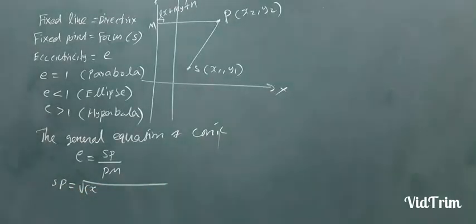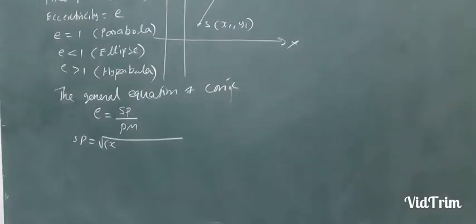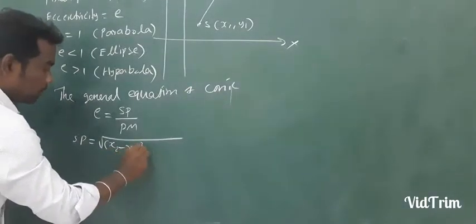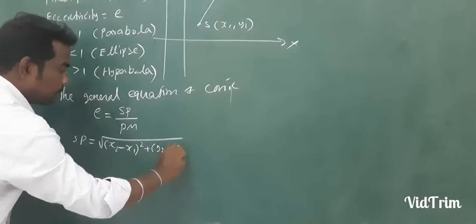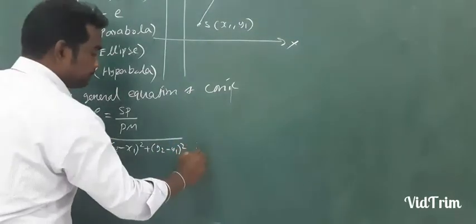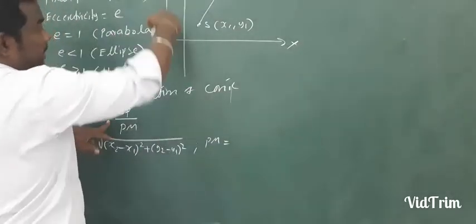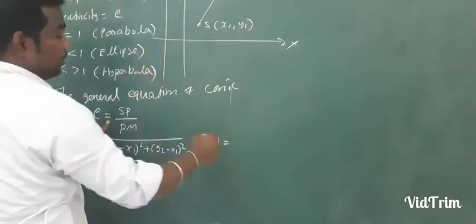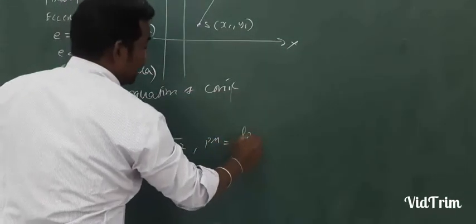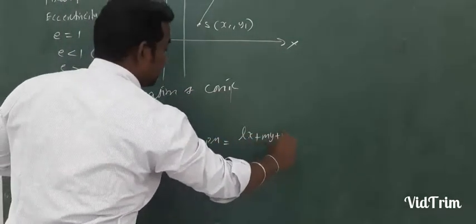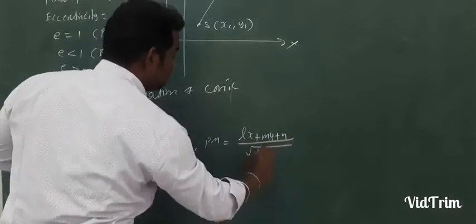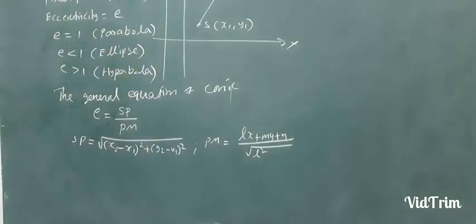You know the distance formula very well from the 10th standard. And PM is the distance from the fixed line, that is (Lx + My + N) / square root of (L^2 + M^2).